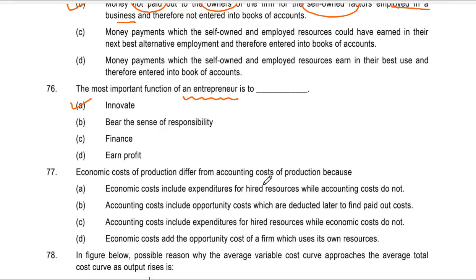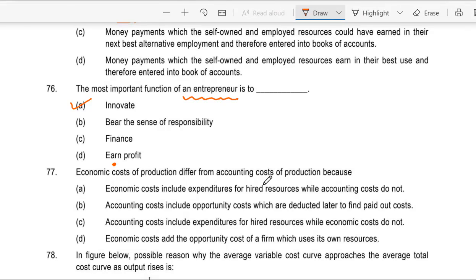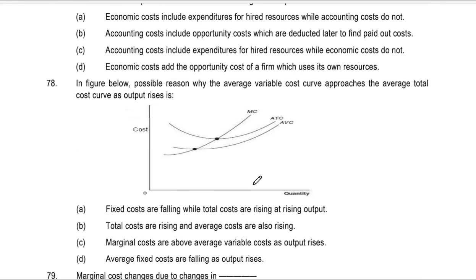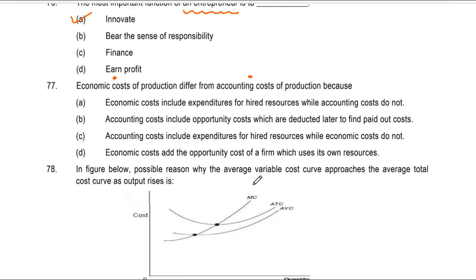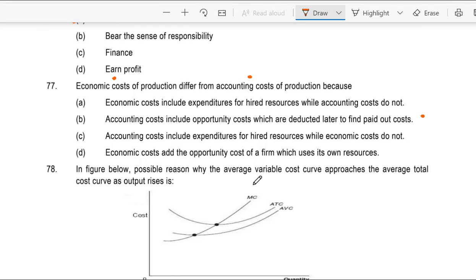Economic cost of production differs from accounting cost of production because A. Economic cost includes expenditure for hired resources, explicit cost, while accounting cost does not do that. B. Accounting cost includes opportunity cost, which is deducted later to find the paid out cost. I don't think so.